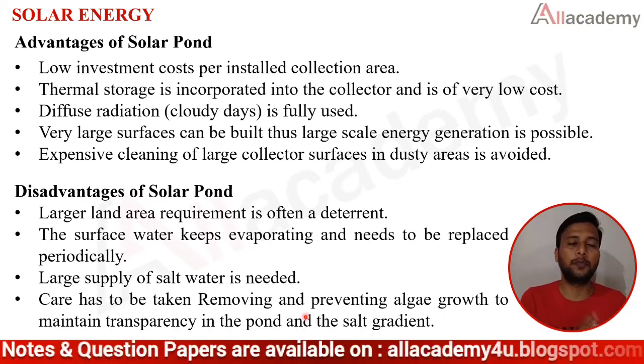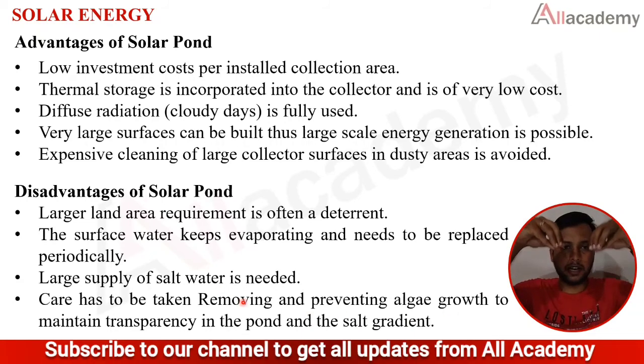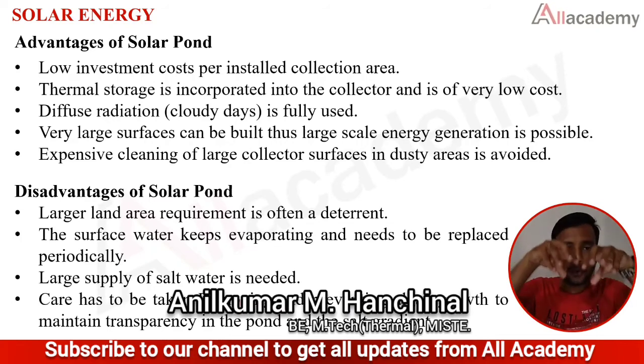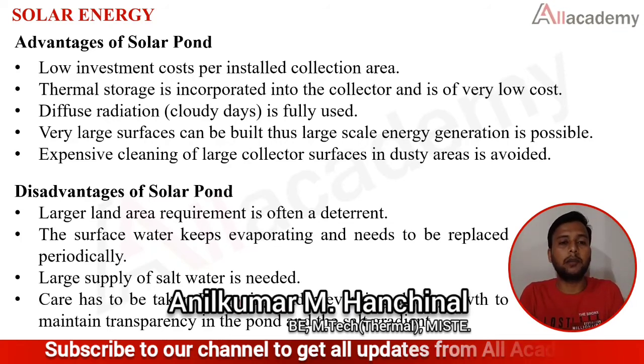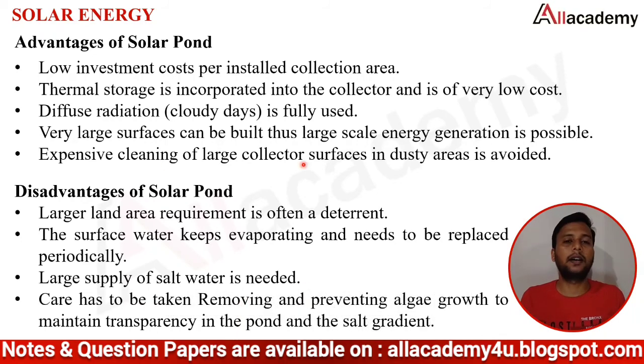That should be avoided so that the sunlight falling on the water surface can reach the lower bottom layer which has a high concentration. This is one major drawback of the solar pond. So these are a few advantages and disadvantages of a solar pond.